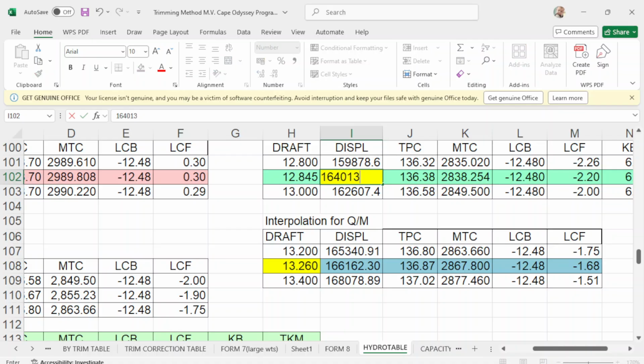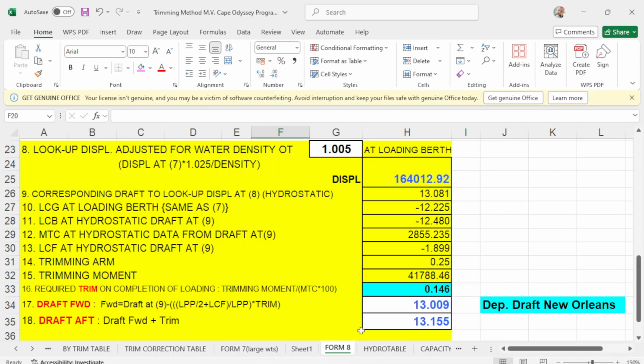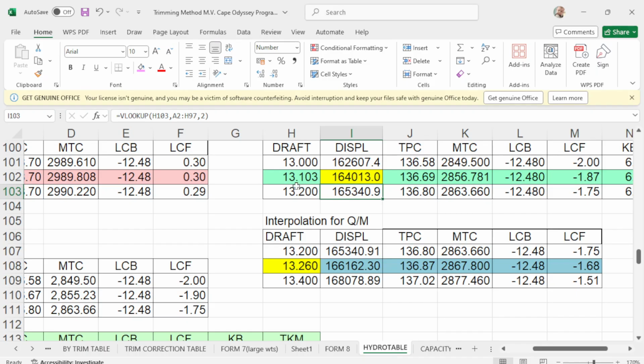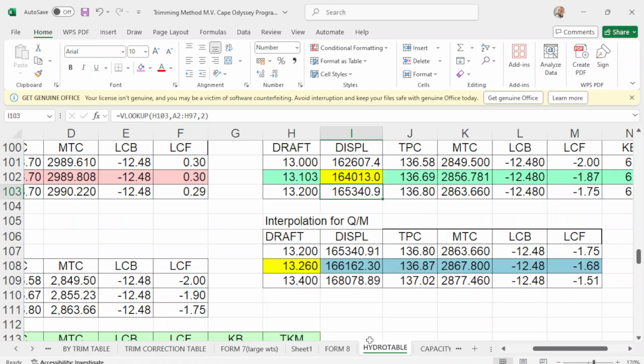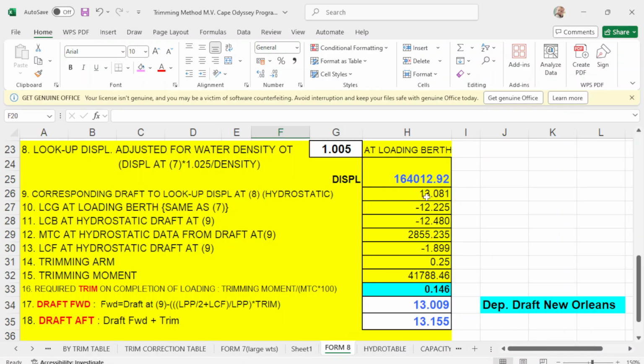That will be 13.103. Okay, that will be 13.103. Is that correct?